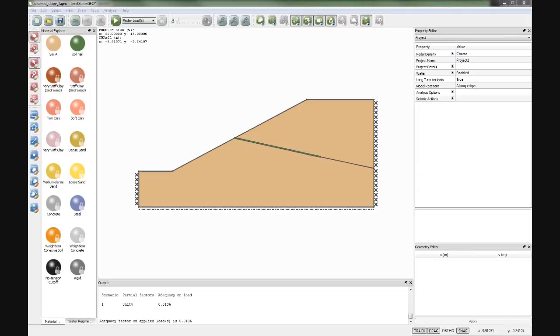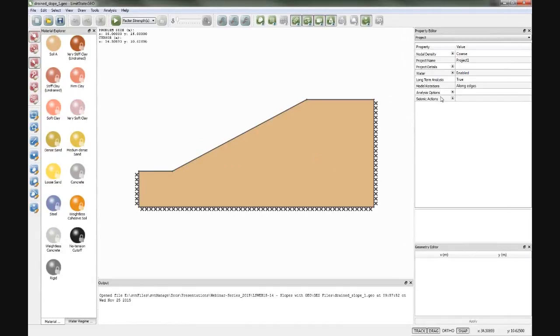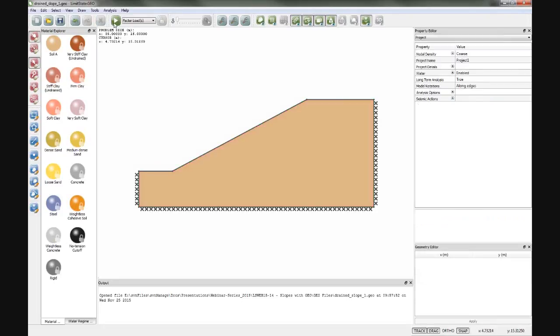Okay, I've got a question about how we solve seismic problems. So let me just go back to the simple problem. If we go to factor load mode here, we can actually ask the software a question: how much heavier does this soil have to be to cause collapse?